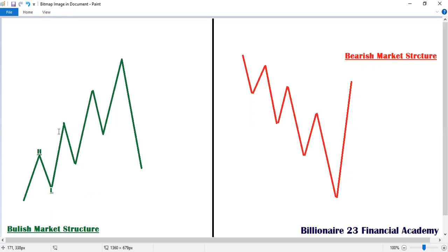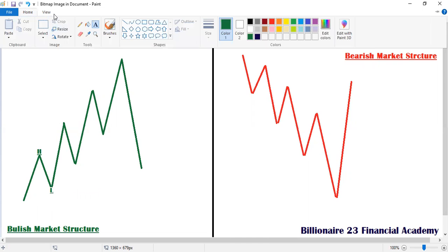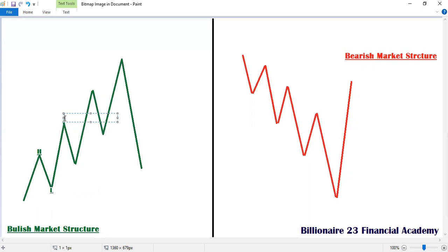Then price further went up and formed what we call a higher high. It's called a higher high because it's higher than this high. It's higher than the previous high. So this is called a higher high, HH for higher high.